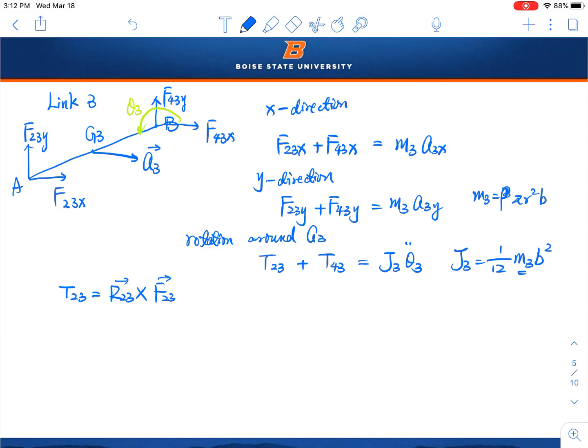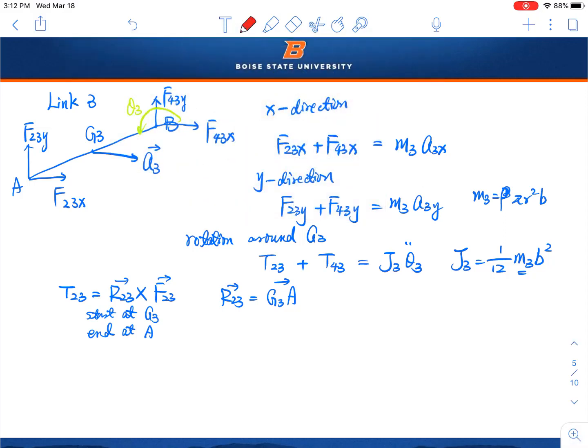That's the position vector for F23. So you need to start at the center of rotation, which is G3, and it should end where the force is applied. Your force is applied at point A. So that's why your R23 equals G3A. That is your vector.